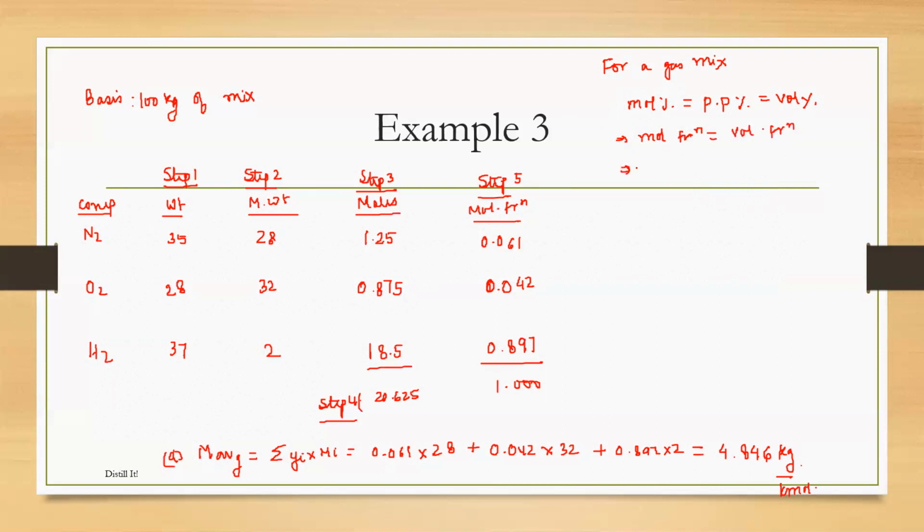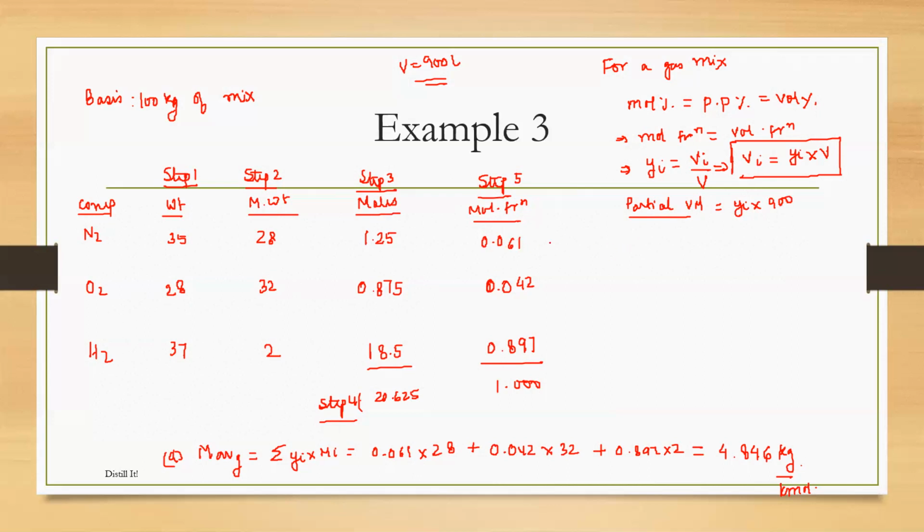That means yi is the partial volume of the ith component upon total volume, which implies the partial volume of the ith component is mole fraction into total volume. They have given total volume to be 900 liter. So to calculate the partial volume of each component, we simply have to multiply the mole fractions by 900.